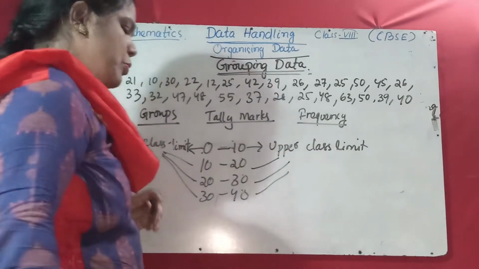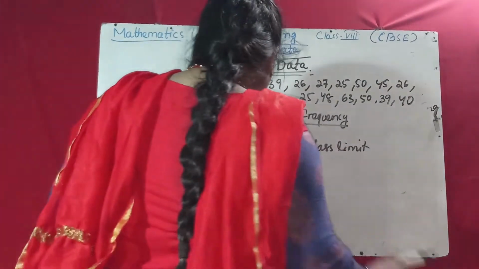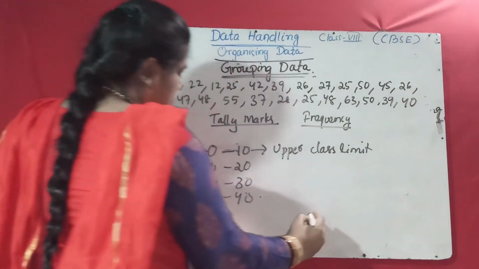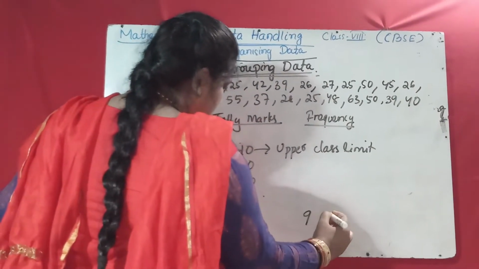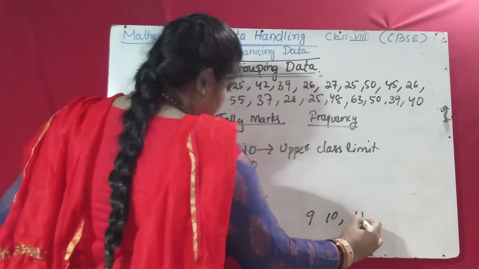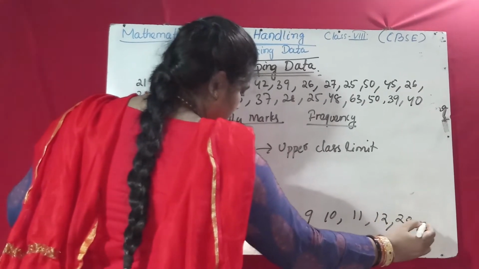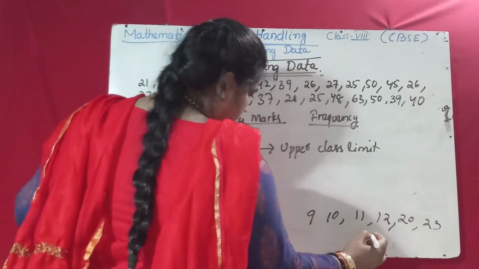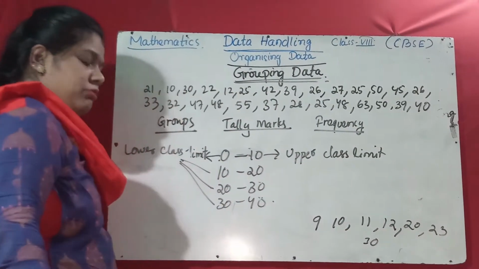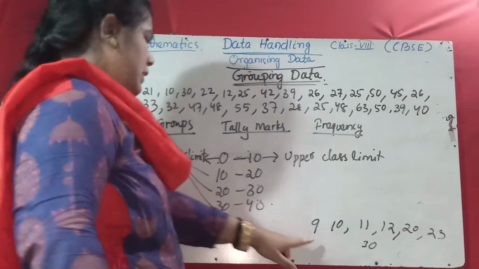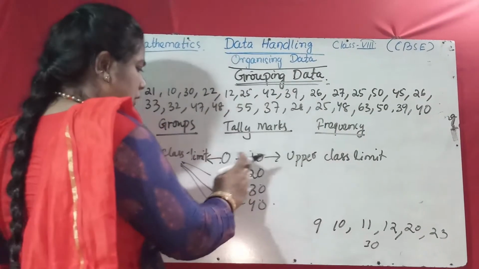Suppose some numbers come here. I will write some numbers: 9, 10, 11, 12, 20, 23, 30. In which group will these numbers come? 9 comes in 0 to 10.